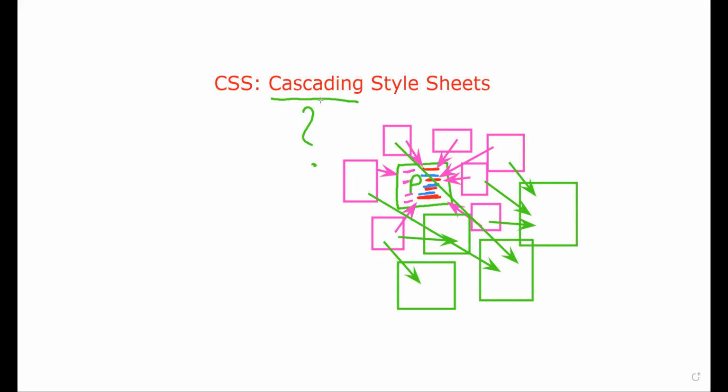You write CSS once and you just need to link that CSS, cascading style sheets, to the HTML pages. We link CSS with an HTML.